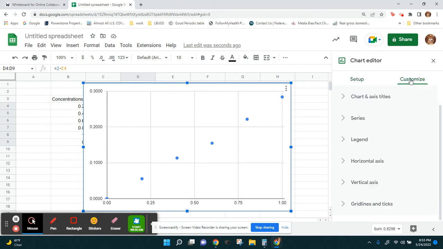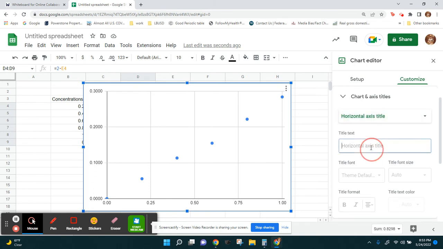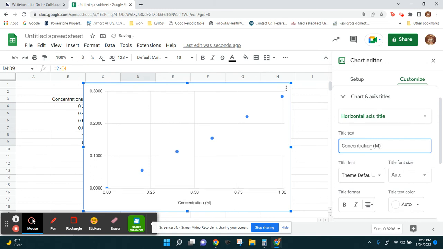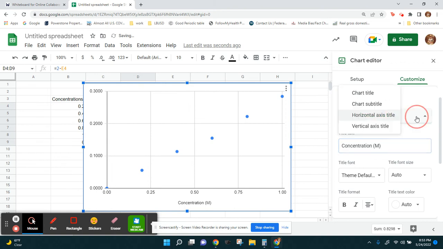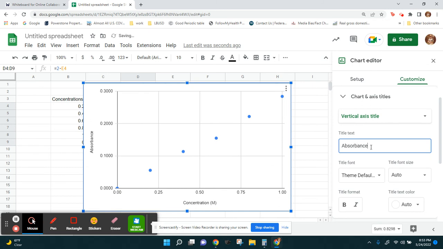Now we go to customize to put titles. So chart and axis titles. Let's start with the axis titles. The horizontal axis we said was concentration, and that was in moles per liter. And the vertical axis, the y-axis, is absorbance, and that has no units. Just absorbance units, whatever that is.